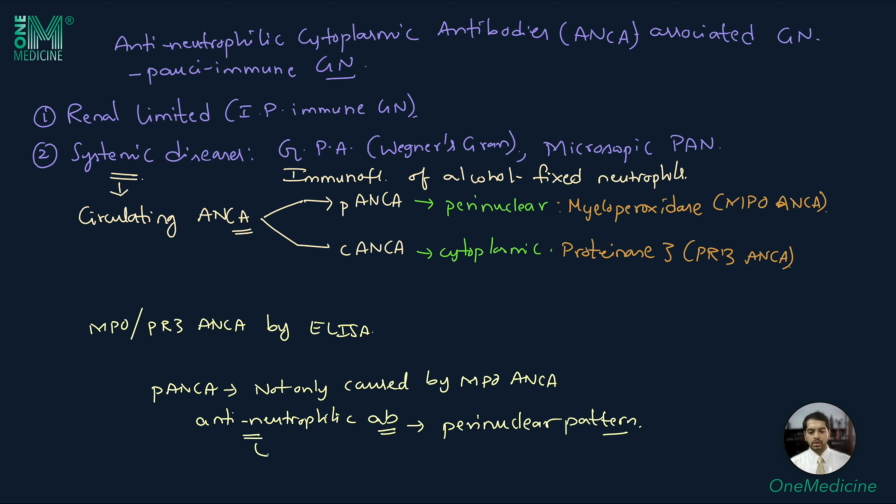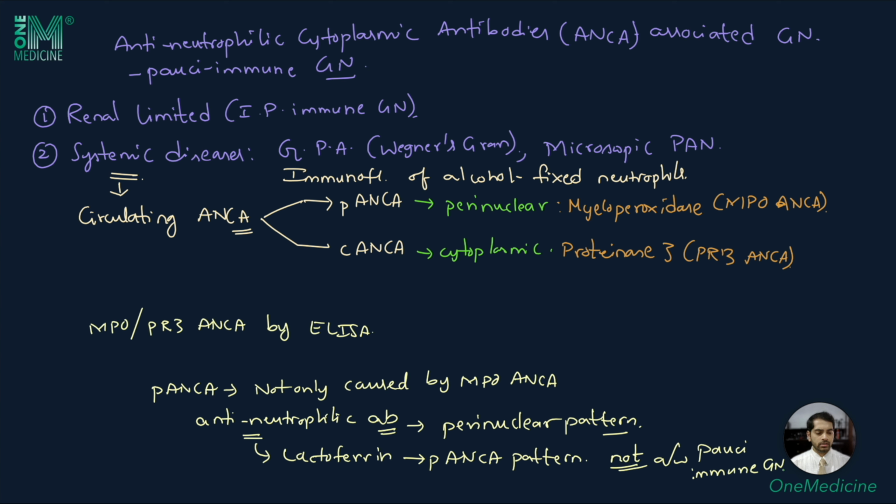One important example is antibodies against lactoferrin, which can have a P-ANCA pattern, but it is not associated with quasi-immune glomerulonephritis. One important thing to note is that the ANCA titers do not correlate with disease activity.